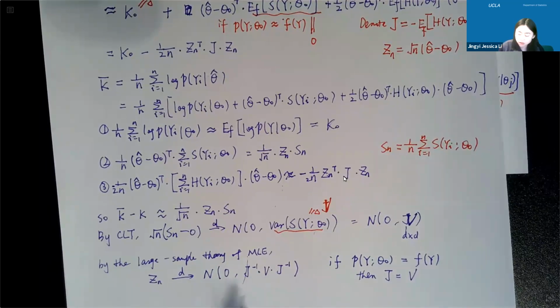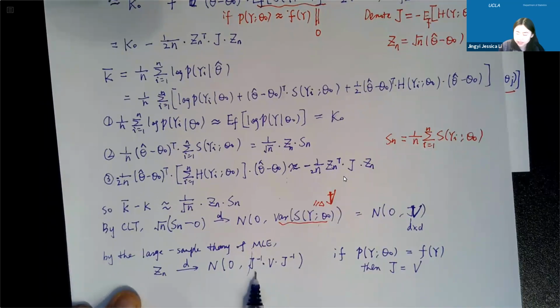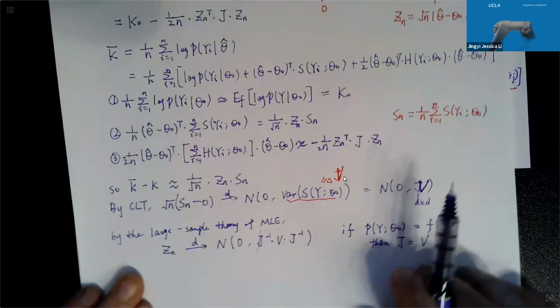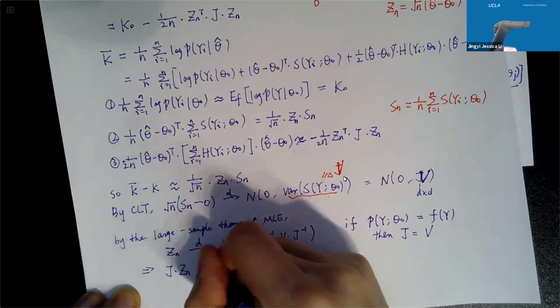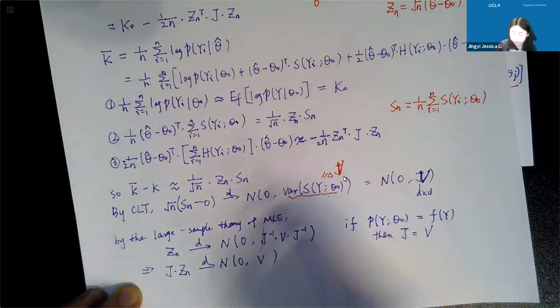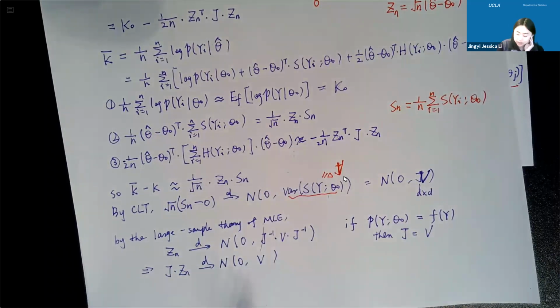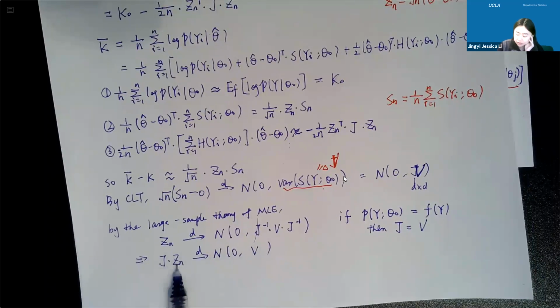But what this tells us is that if we multiply J with Zn, J is a d by d matrix also, then we would have J times Zn converge in distribution to a normal with mean 0 and covariance matrix V. So you can see the result is that J times Zn has the same asymptotic distribution as root n times Sn.